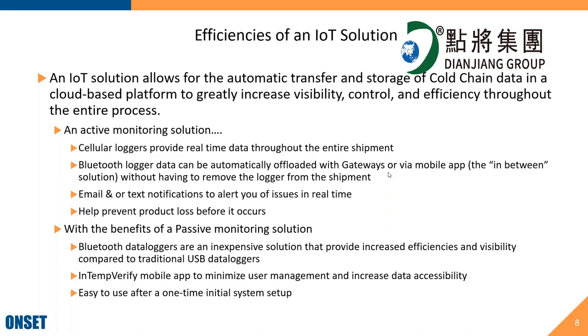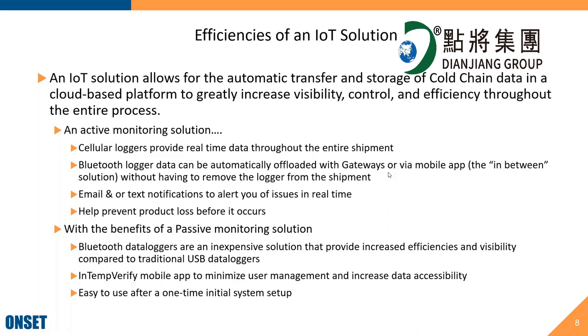One is visibility. So you're not getting data in real time, but we've seen with a lot of shipping customers, they'll give their supply chain partners a gateway that they can use, and the gateway will automate downloads for them, so they're getting data at different points in time throughout the shipment. Or they might be using one of our mobile apps to do the same thing, to offload that data.